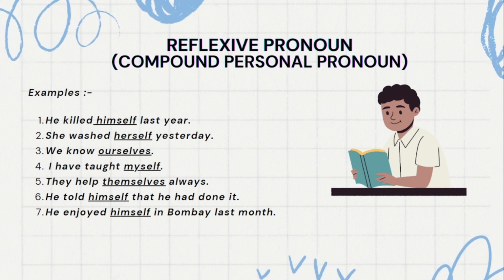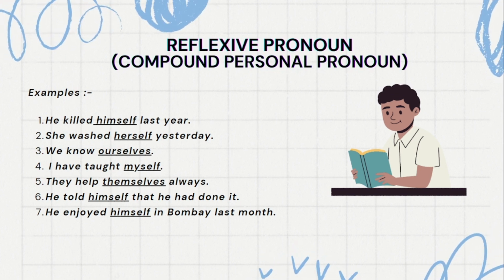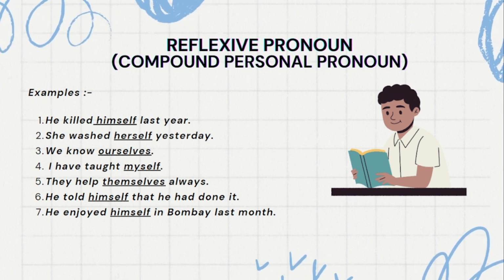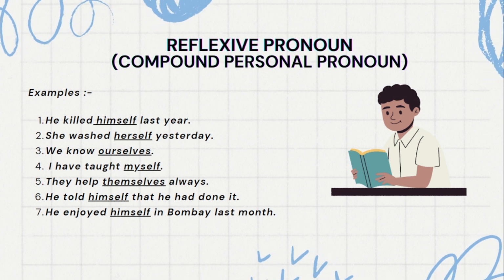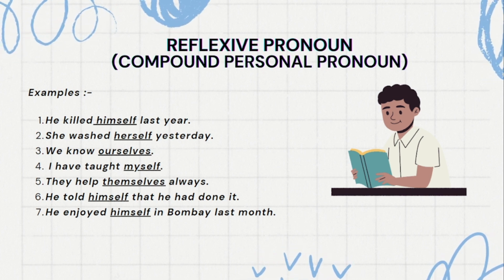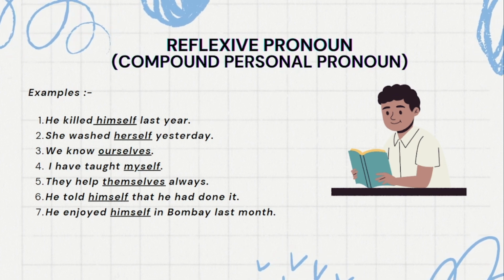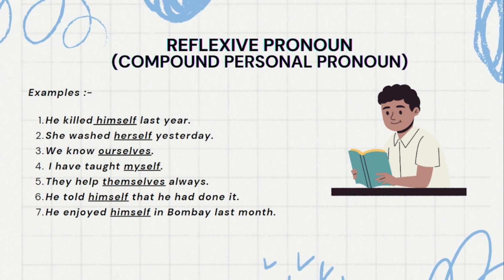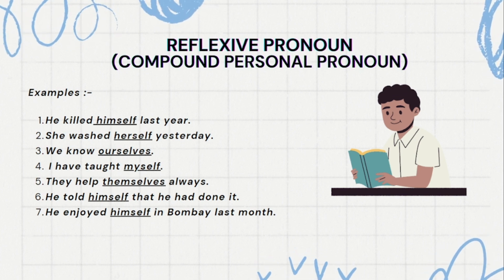Isn't it? Next, third one. We know ourselves. In this sentence, subject is we. Verb is know. Then find out the object by using any one of the question words which are given. Whom know? Answer is ourselves. Ourselves is object. Here the doer of the action is we. Receiver of the action is ourselves.